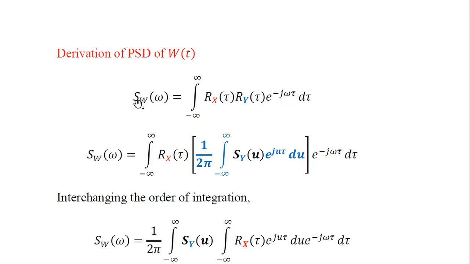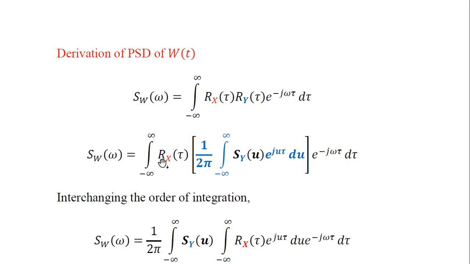Therefore, the power spectral density of w, denoted by Sw of omega, is equal to the integral from minus to plus infinity of Rx of tau into Ry of tau into e to the power of minus j omega tau d tau. In this expression we can replace Ry of tau, retaining the remaining terms as they are.